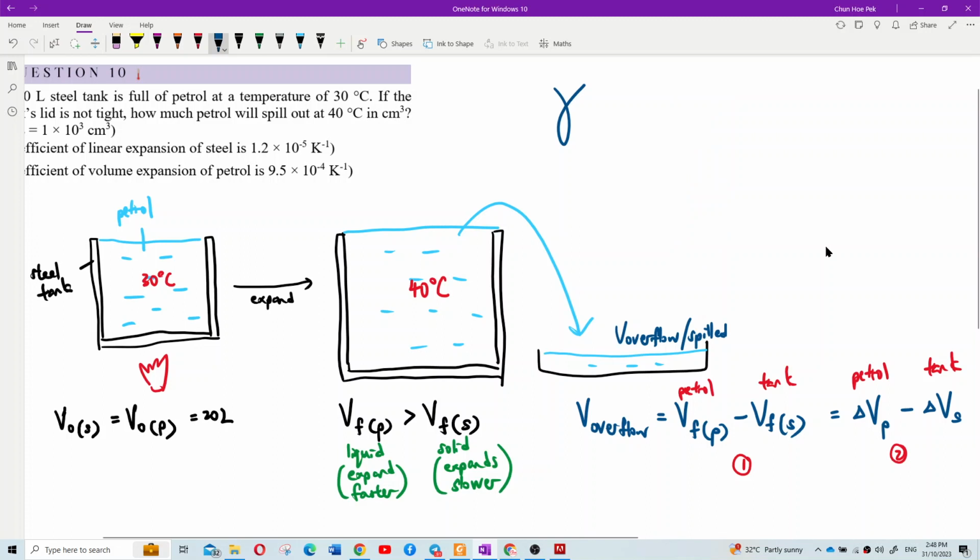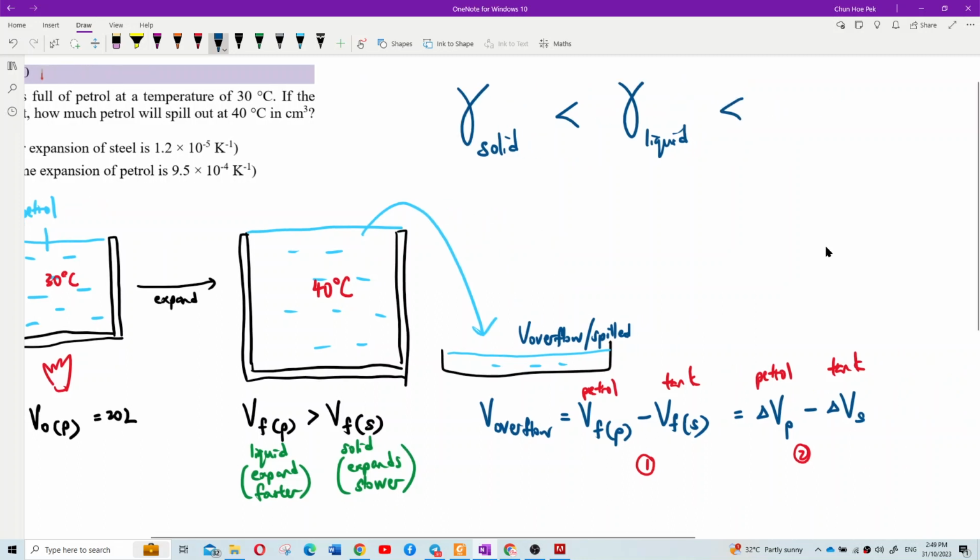So what I can say is gamma for solid is always less than gamma for liquid, and gamma for liquid is less than gamma for gas.